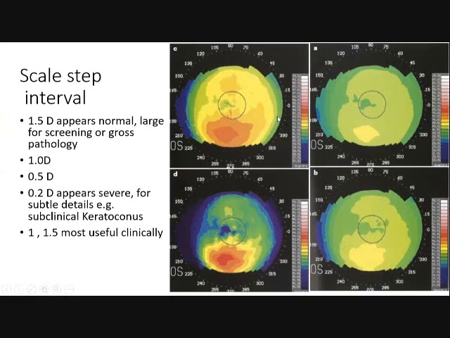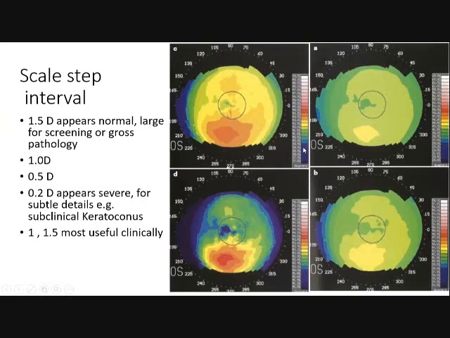And here the scale steps have been reduced to 0.5 diopter, and in this area 0.2 diopter. So all the four maps belong to the same cornea, but each map has different scale steps. So you can see that varying the step intervals can give a different sort of representation of the cornea.